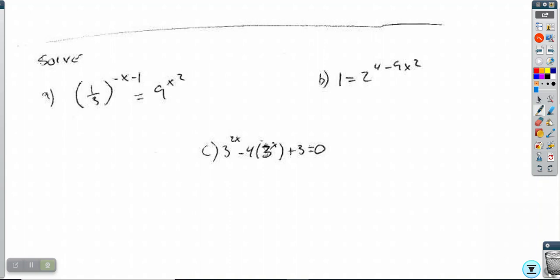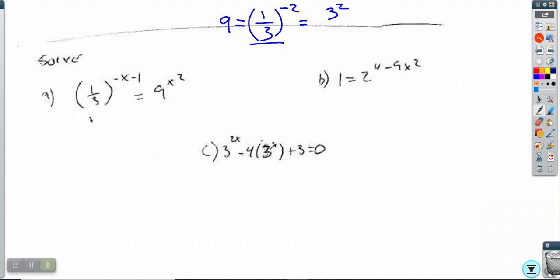And so I know that 9 is equal to 1/3 to the negative second power, because this whole thing would be equal to 3 over 3 to the positive second power. So I want to go with this because it puts everything in the same base, 1/3.